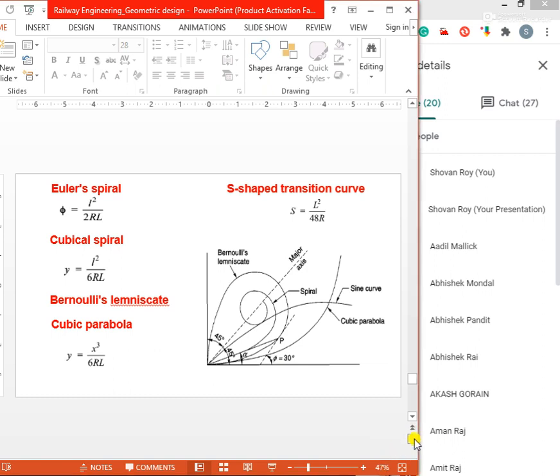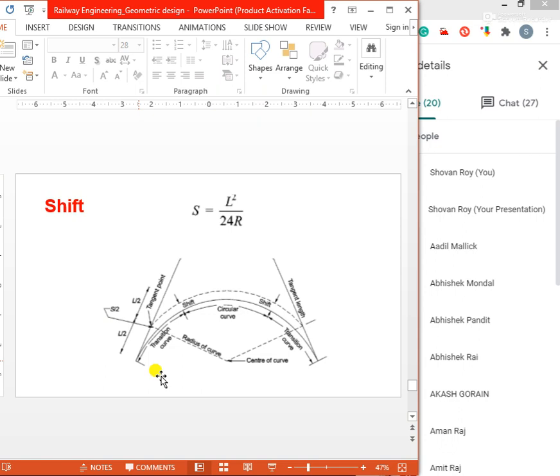So next, our topic is shift. What is shift? For the main circular curve to fit in the transition curve, which is laid in the shape of a cubic parabola, it is required to be moved inward by a measure known as the shift.